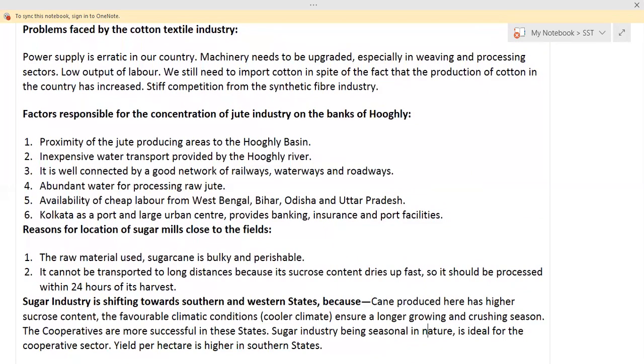We need to import cotton in spite of the fact that production of cotton in the country has increased. Stiff competition with synthetic fiber industries. These are the factors of the problems which are faced by the cotton textile industry.